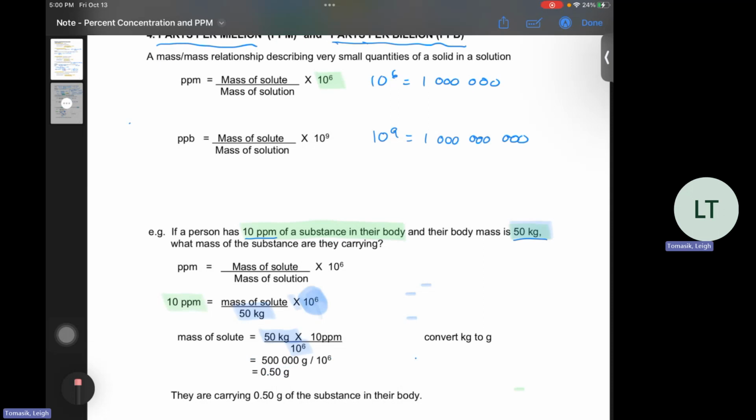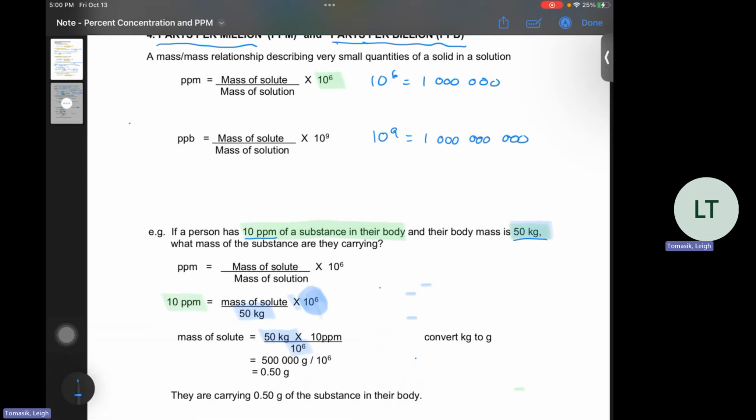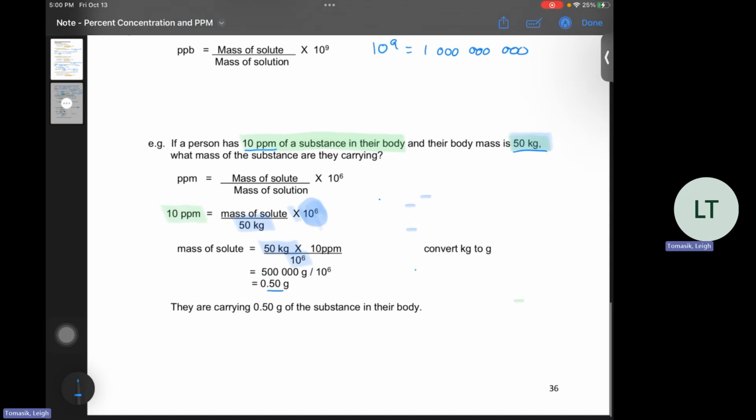Yes, we have 500,000 grams divided by 10 to the 6, divided by a million. So we have 0.5 grams. So if somebody has 10 parts per million and their mass is 50 kilograms, they only have 0.5 grams in their body. That's why parts per million is used to describe really small amounts.